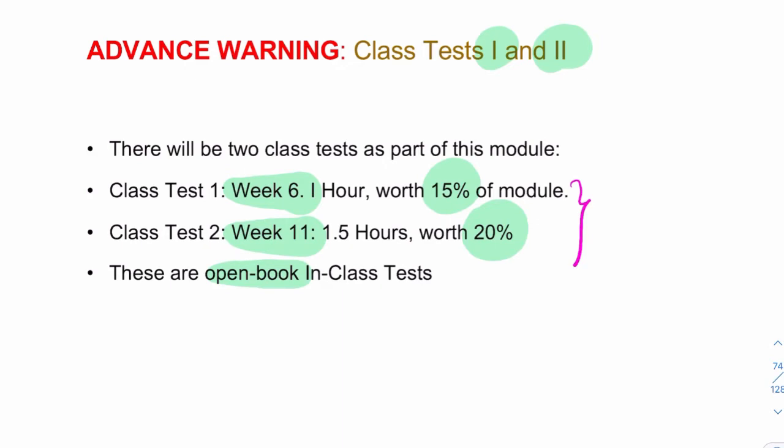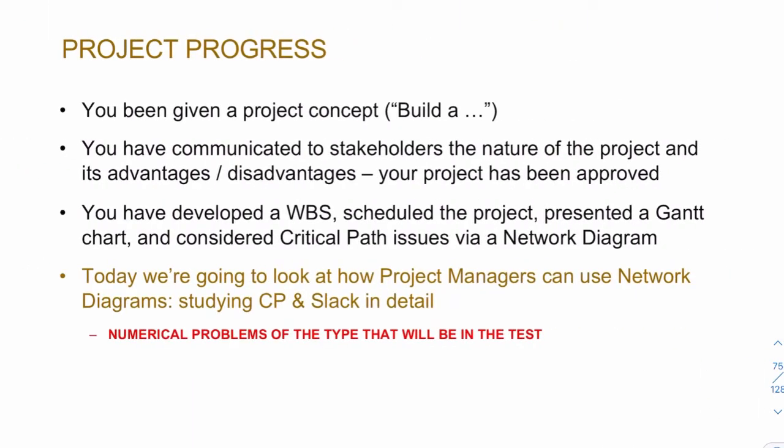Okay, so this is just a reminder of where you should be up to in your virtual project. We'll be looking at how we can use network diagrams. That's what this part of the lecture is about.